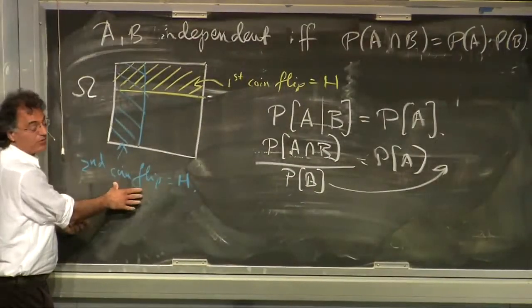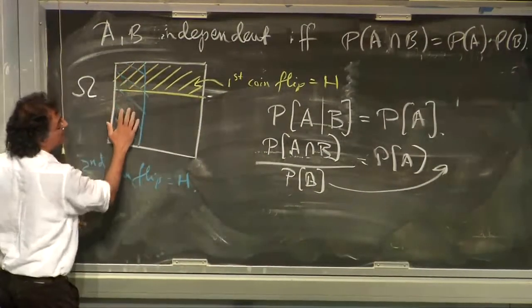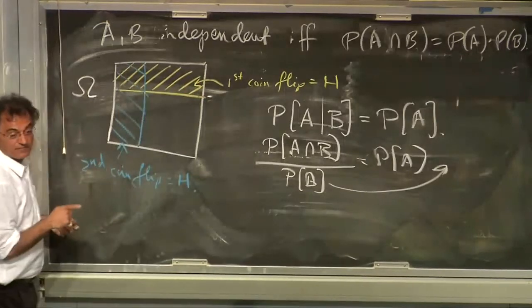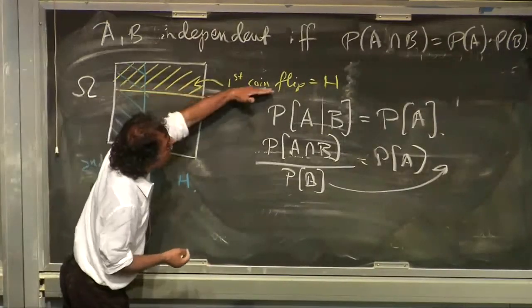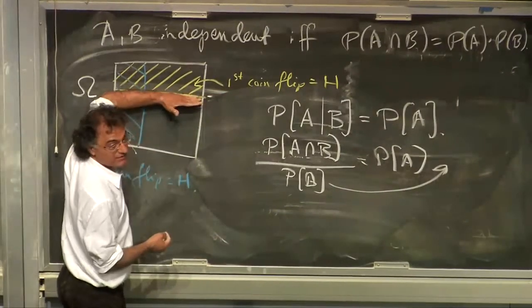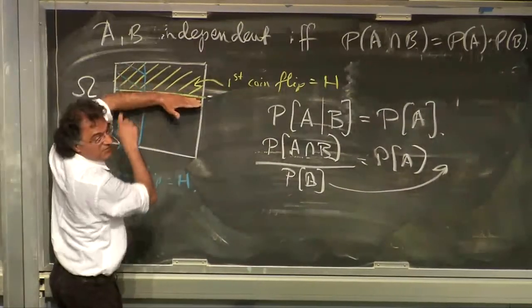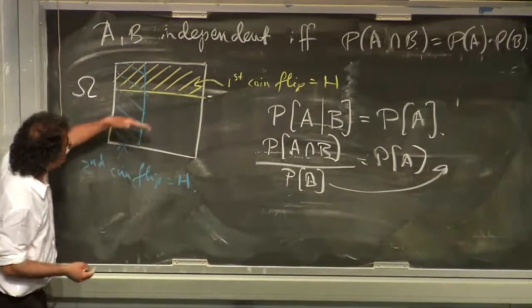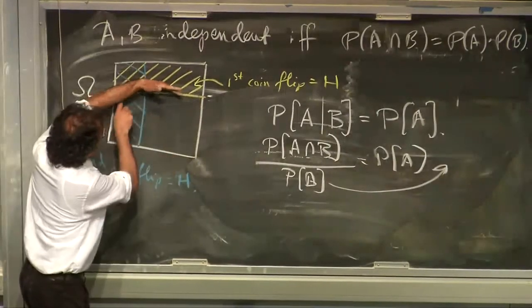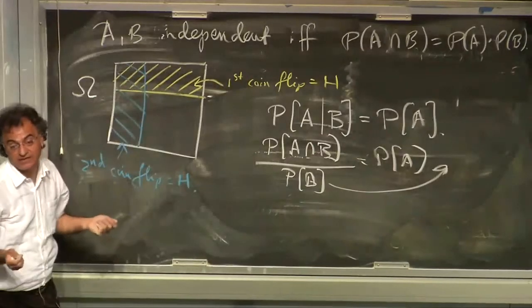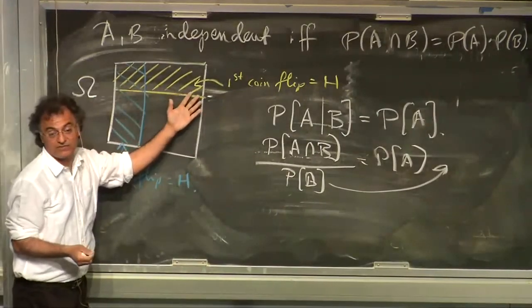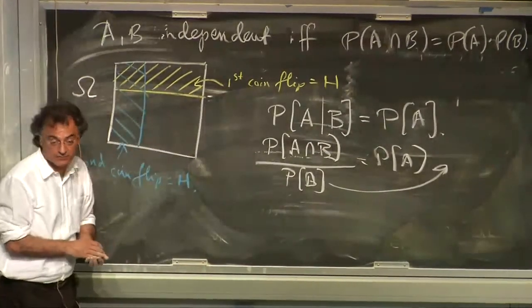The probability the second one was heads was this blue area divided by the whole thing. And now when you say, I happen to be in this case where the first coin flip was heads, it's still the same proportion. If the first coin flip was tails, you're in this region, but it's still the same proportion. So the conditioning doesn't change anything.